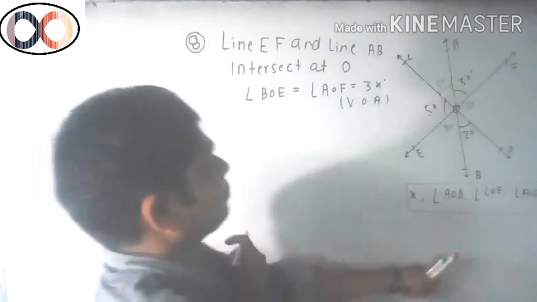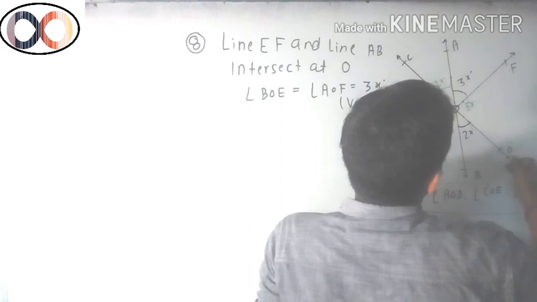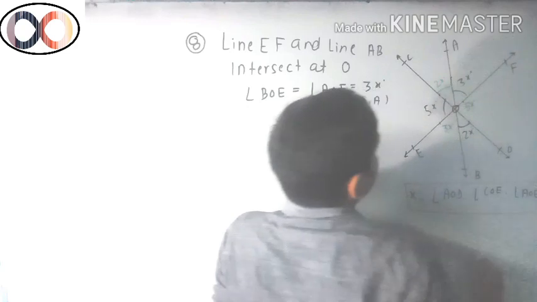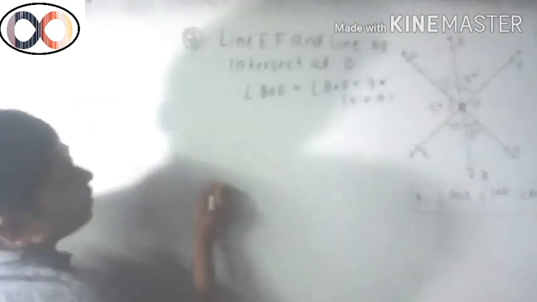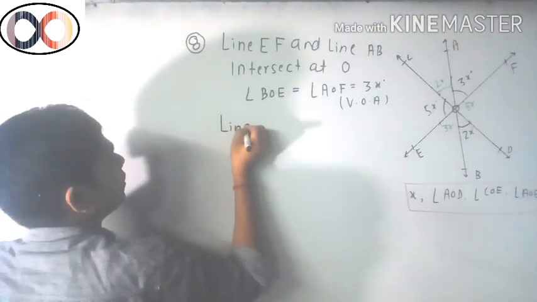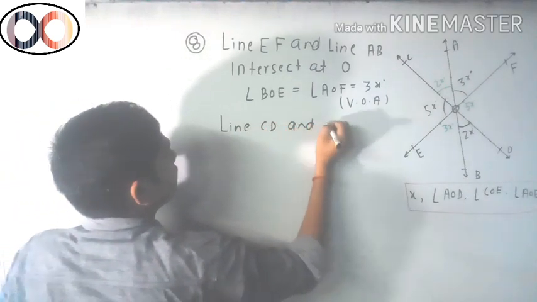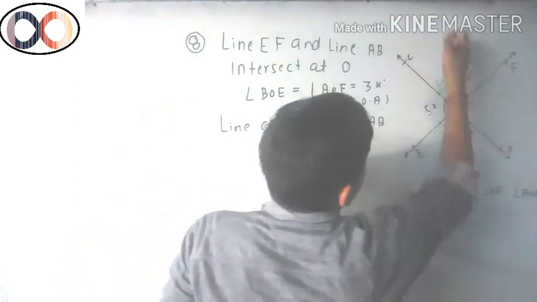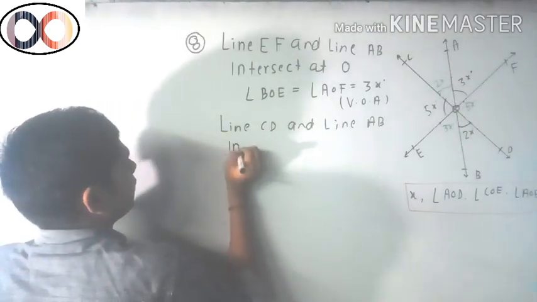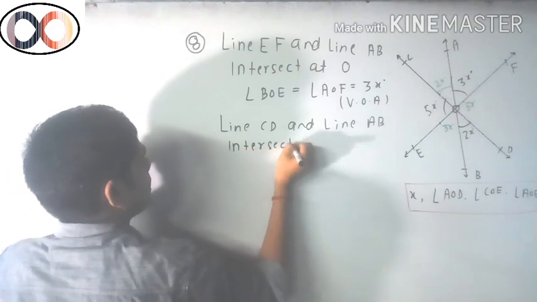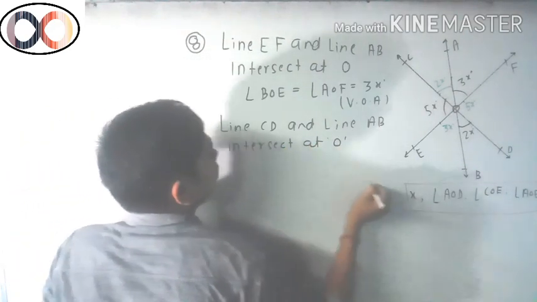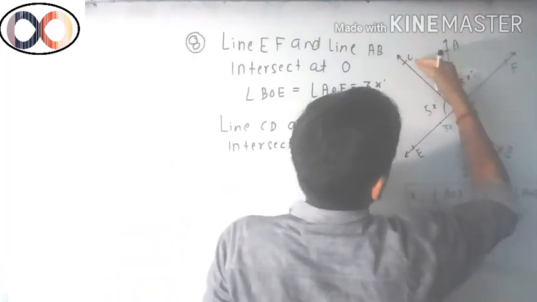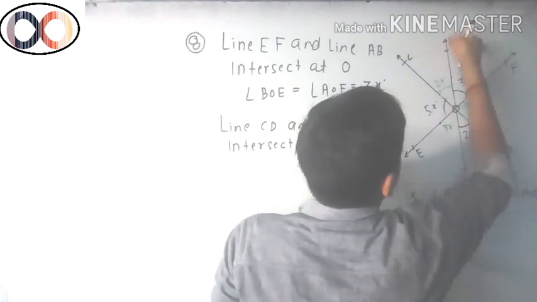Again we can write: line CD and line AB intersect at O. Here is the CD and here is the AB.